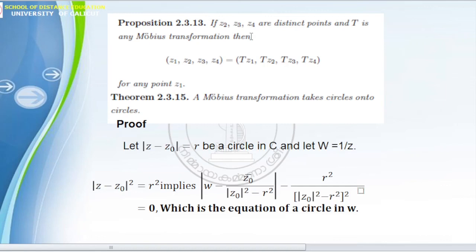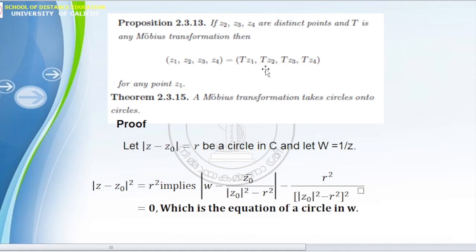We have a proposition: if z2, z3, z4 are distinct points and T is any Mobius transformation, then (z1, z2, z3, z4) is equal to (T of z1, T of z2, T of z3, T of z4) for any point z1.